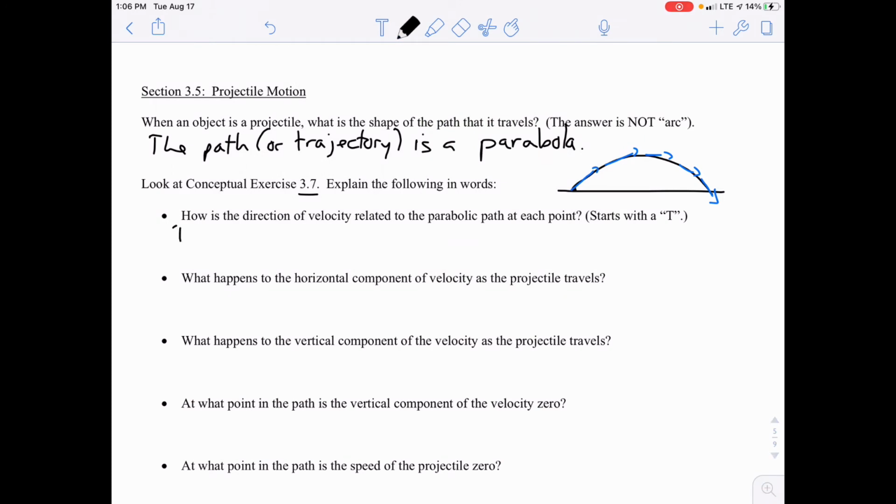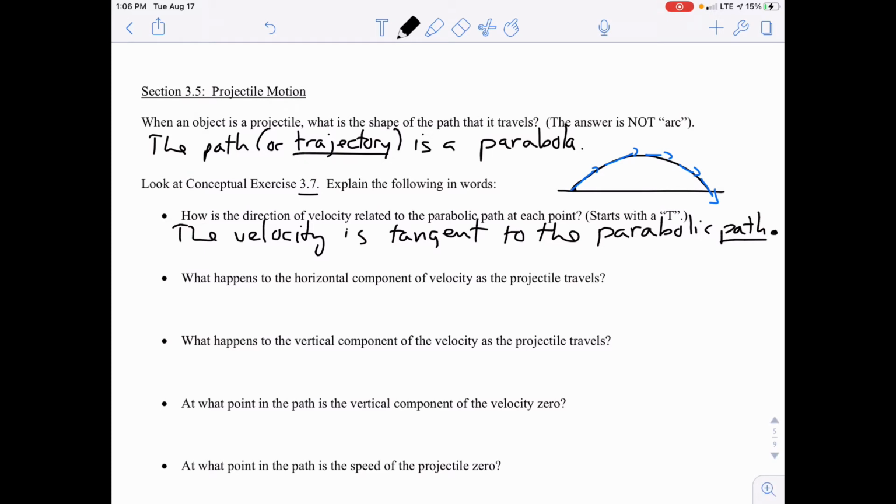So velocity is tangent to the parabolic path. Sometimes I will use the word path, sometimes I'll use the word trajectory. You need to know it's the same thing.